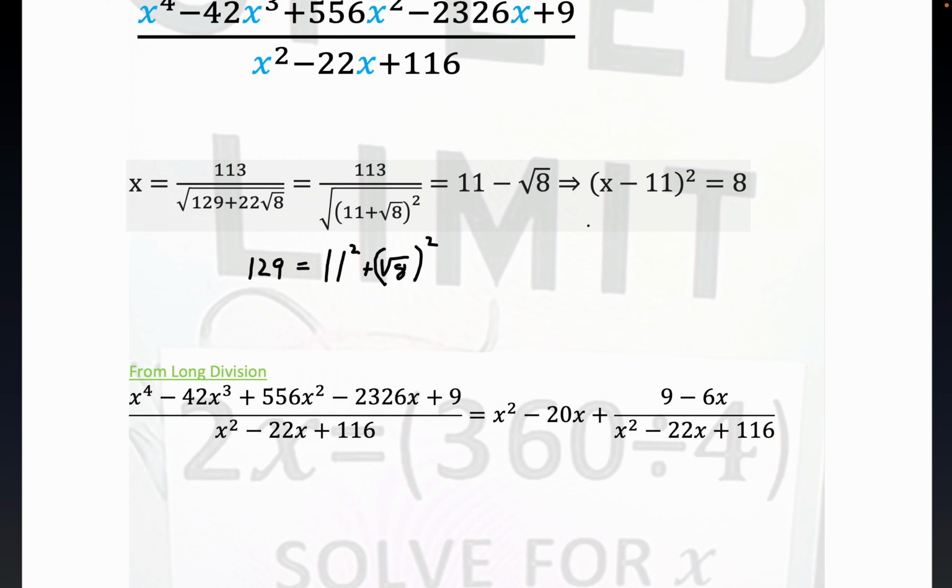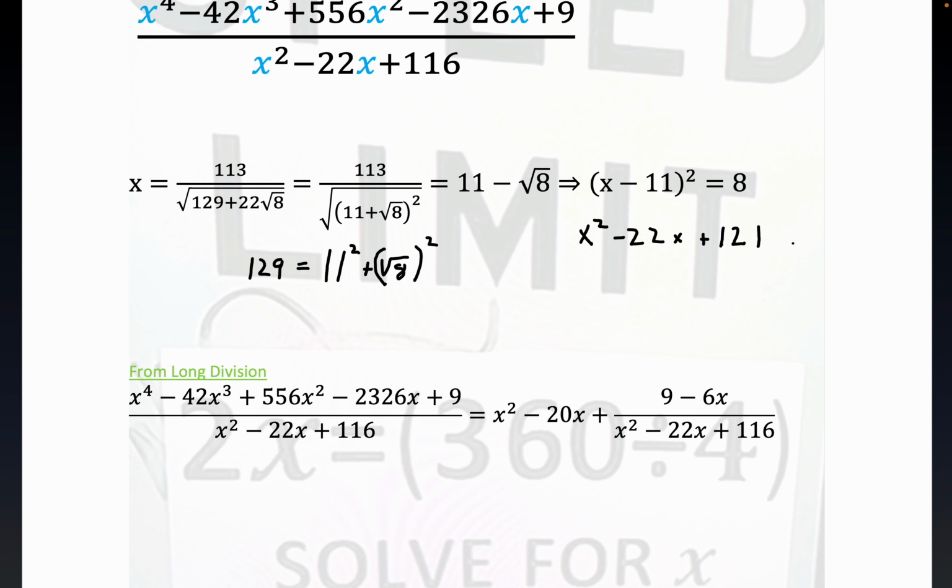This would be x squared minus 22x plus 121. I'm going to leave a little space here for emphasis. So that's 121.